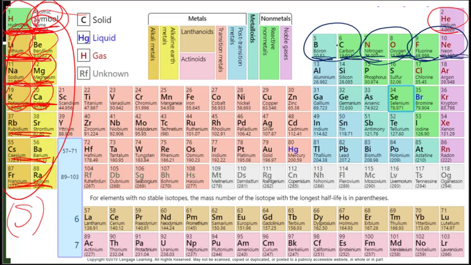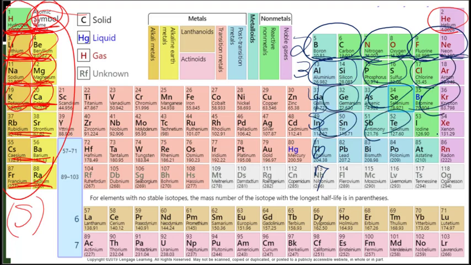So there are no p orbitals in energy level 1, but there are in energy level 2, 3, 4, 5, 6, and 7. These are all p orbitals. This is 3p, there's 3 orbitals, 4p, 5p, 6p, and 7p.